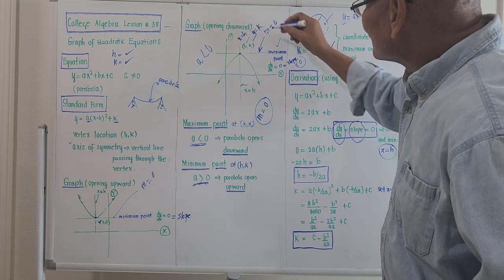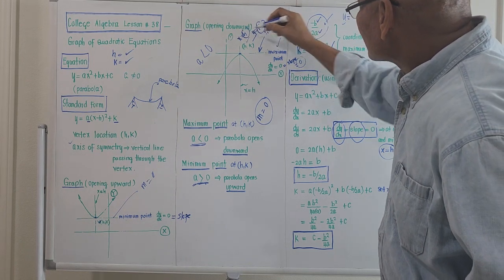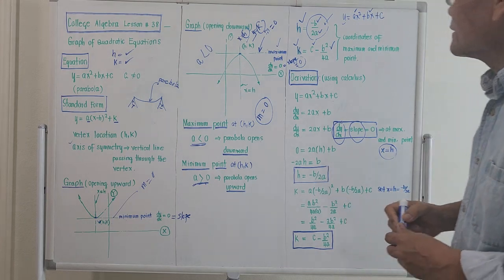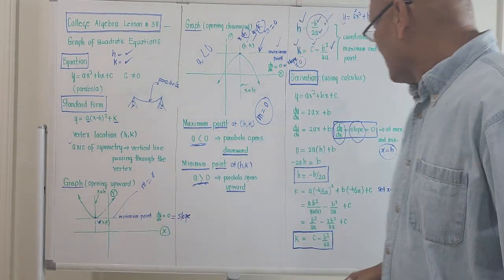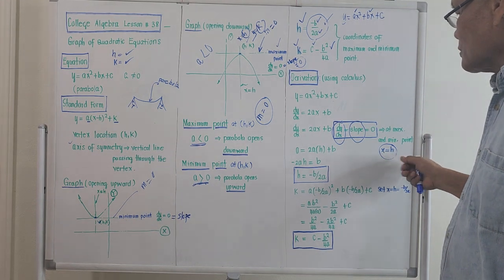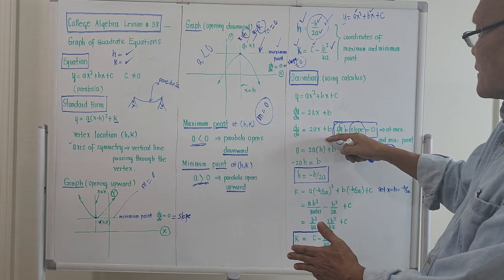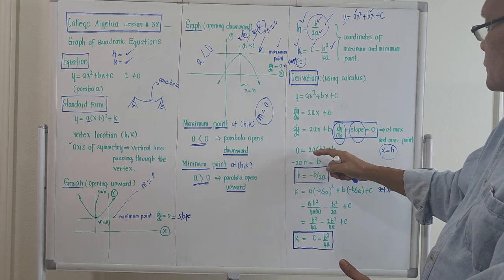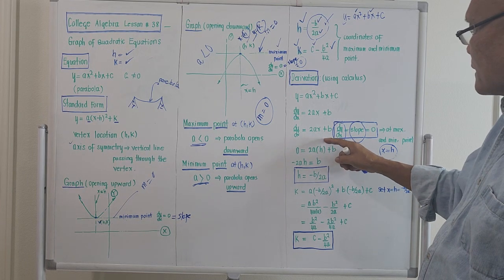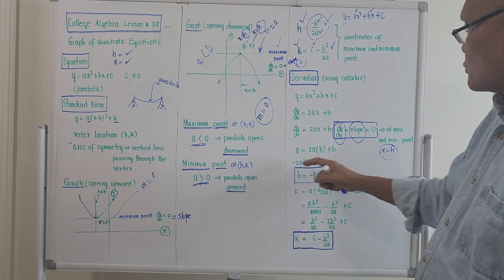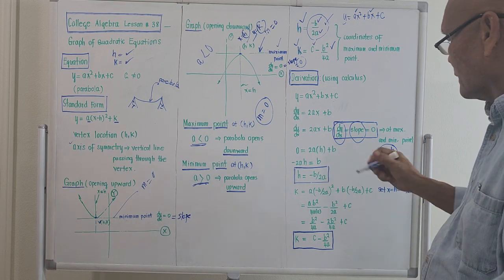So from the first derivative, 0 equals 2a times h plus b, and solving for h, negative 2ah equals b, or h equals negative b over 2a.